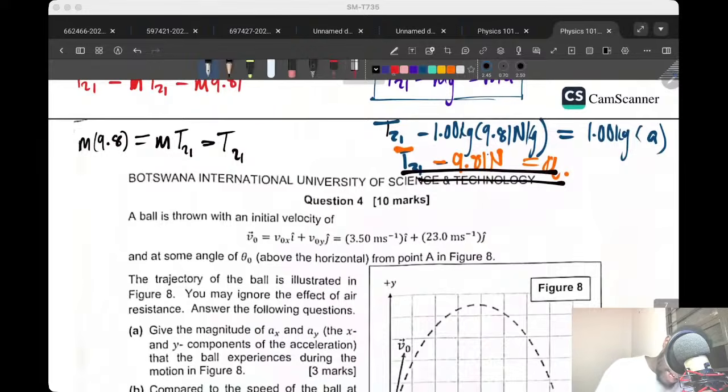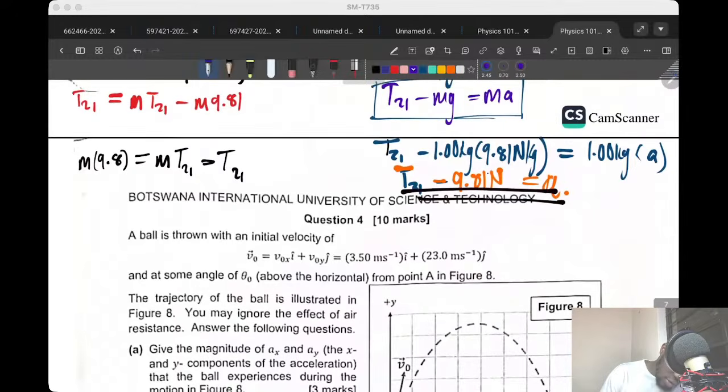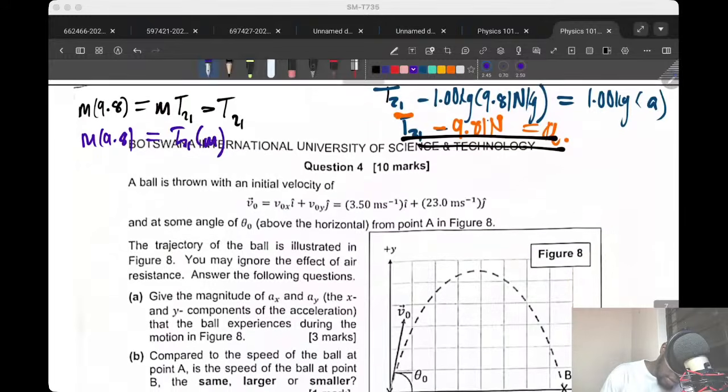So in here what we'll end up getting is m times 9.8. We want to find T21, so we can say m by 9.8 is equal to T21 by m. So it becomes m by 9.8.